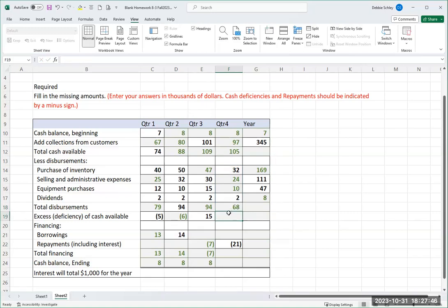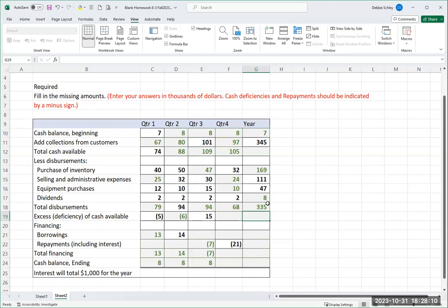Okay, so that gives us 68. So total disbursements, that's how much we paid out all year. That one does get summed across or added across. So we will add Q1, 2, 3, and 4 to get the year total there.